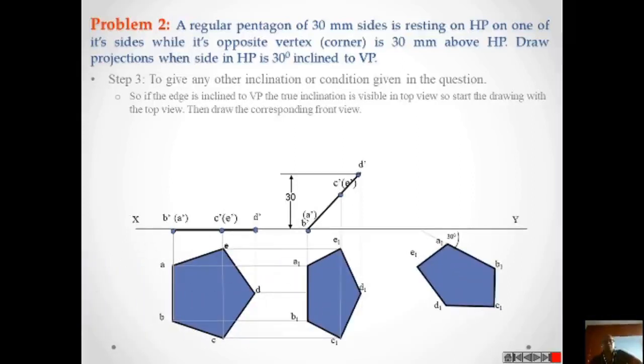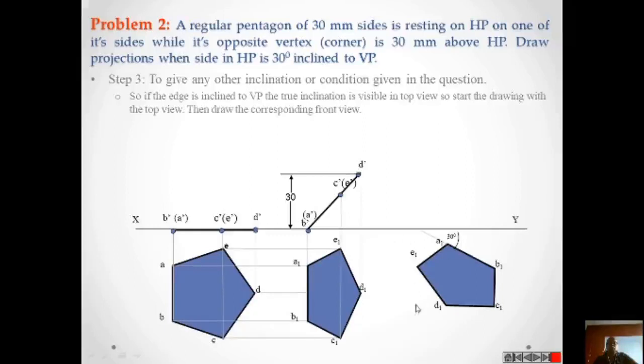Now, this line A1B1 is inclined at an angle of 30 degrees with VP. In the question, he has not mentioned whether D1 is on this side or that side, so you can take it either way. The only thing is that the entire diagram should be below XY.